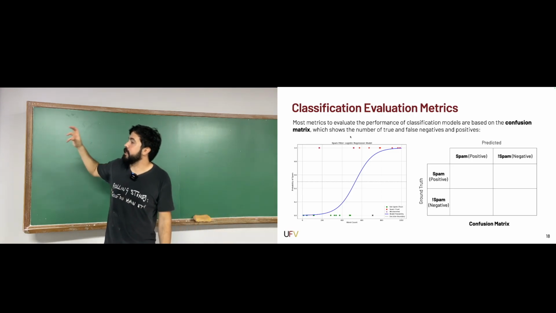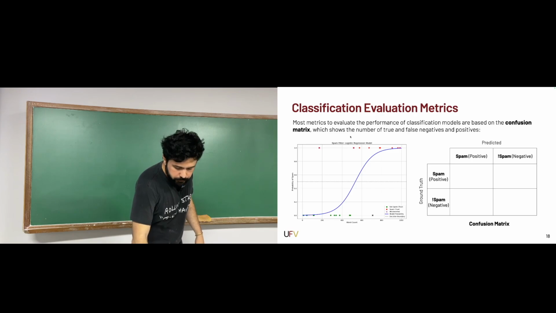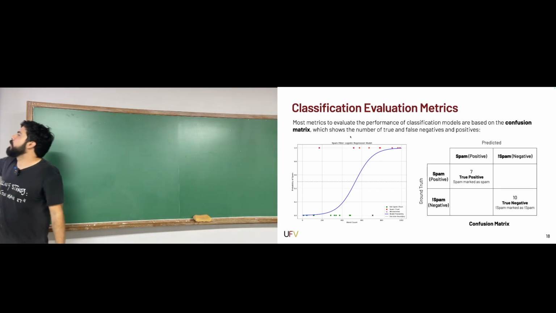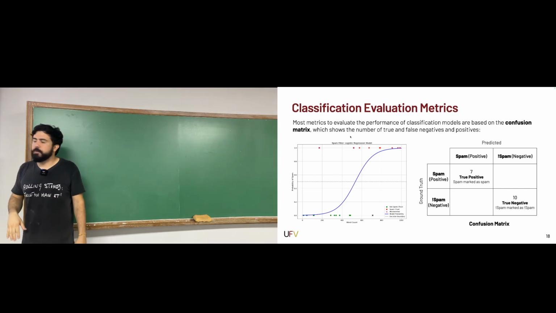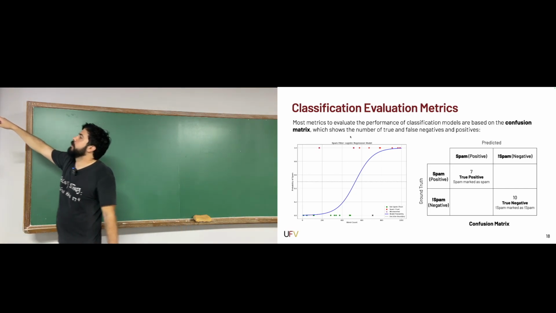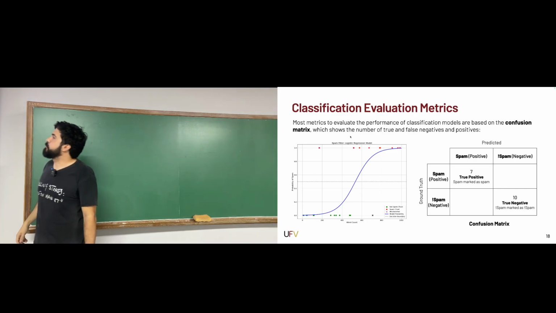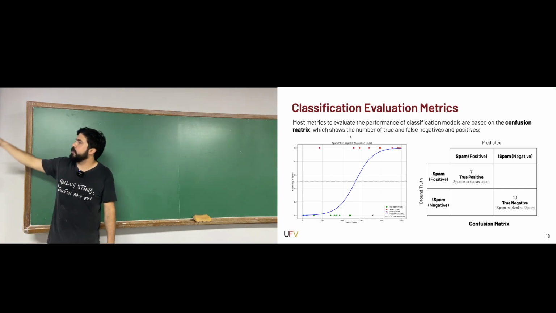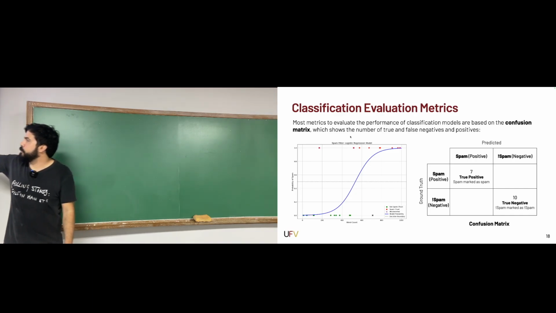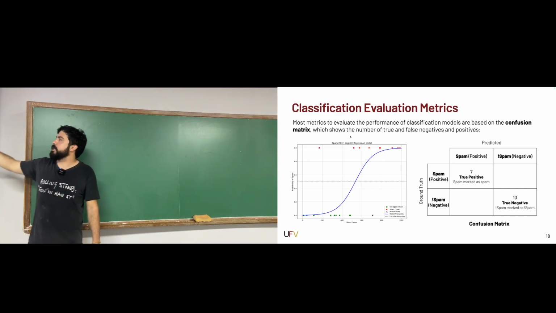So what are the values of this matrix? On the main diagonal, you would have the true predictions. In the first cell, you have the true positives, which means the number of spams that were correctly marked as spams.